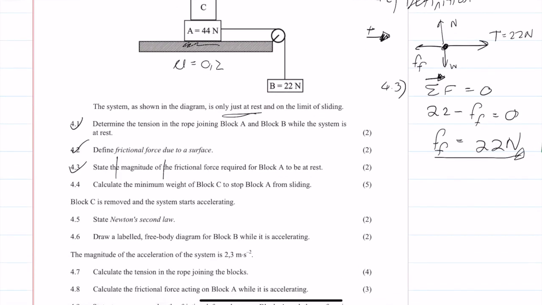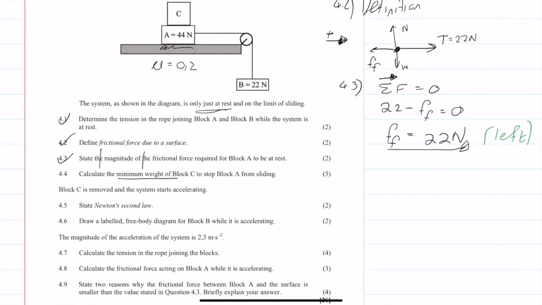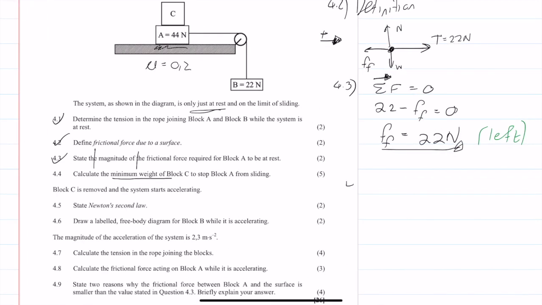Calculate the minimum weight of block C to stop block A from sliding. How are we going to do this? For question 4.4, we know that the force due to friction is equal to mu times the normal force. We calculated the frictional force, which is equal to 22, and we know mu is 0.2, so the only unknown is the normal force.